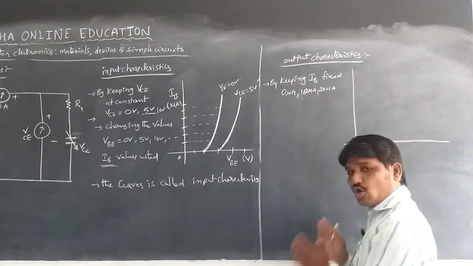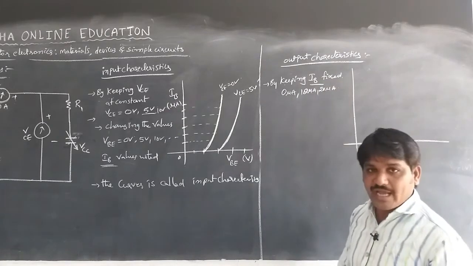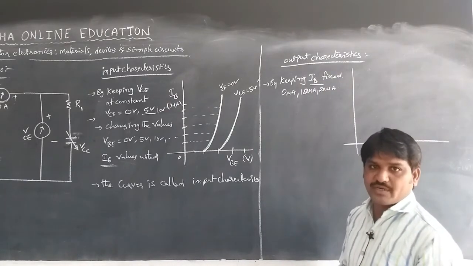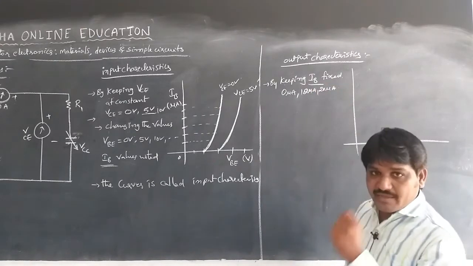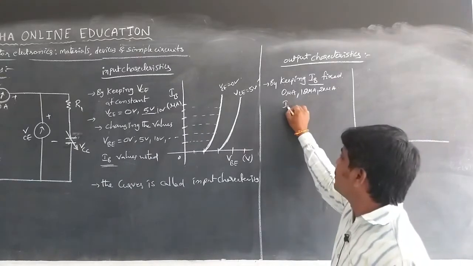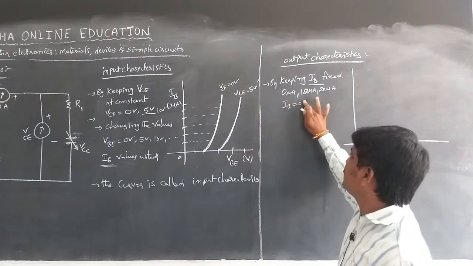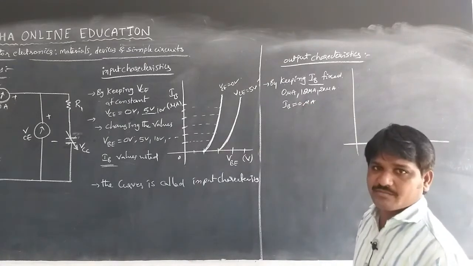Now, to get the output characteristics, we fix the base current, either IB equal to 0 microamperes, or 10 microamperes.